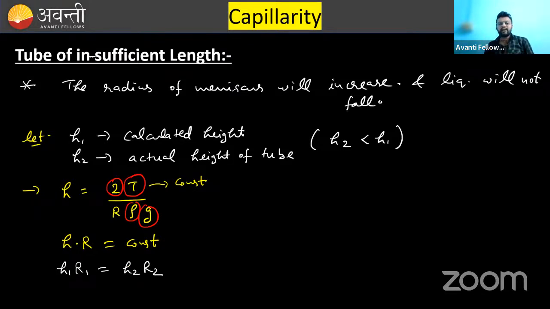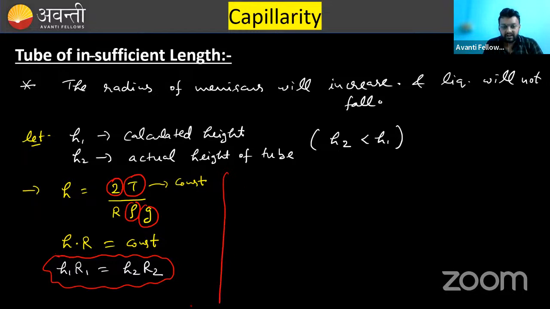That means whenever a tube of insufficient length is used, the product of H into R will remain constant. That's a very good relation.